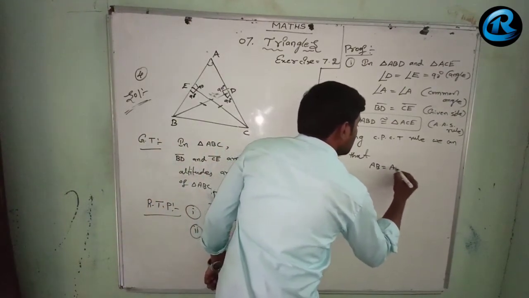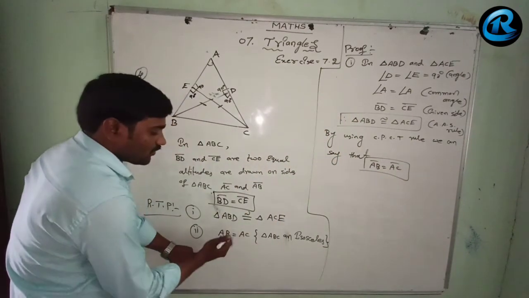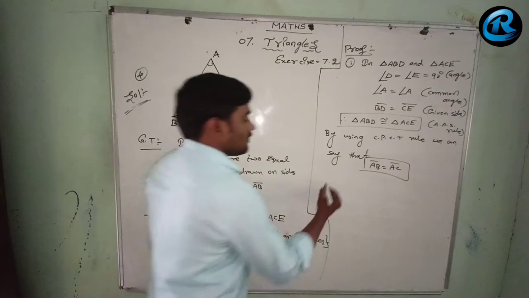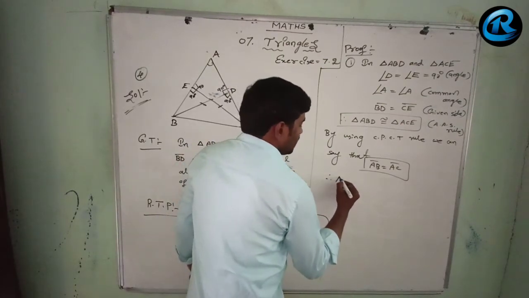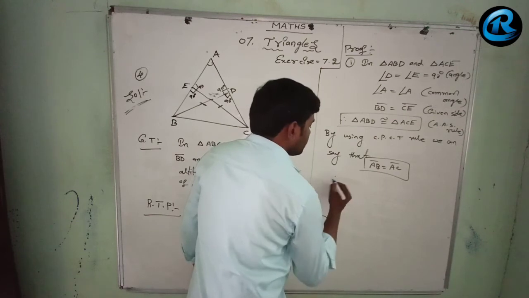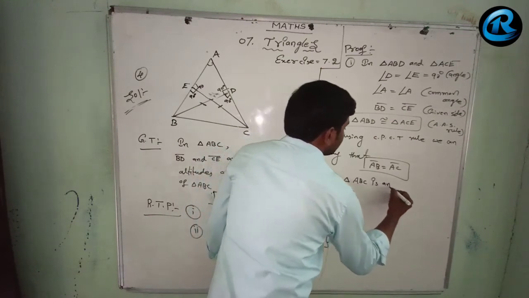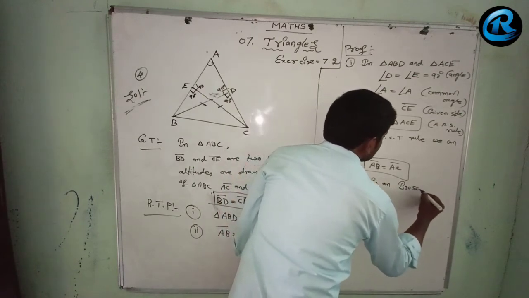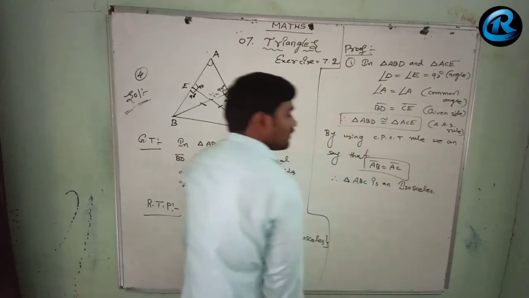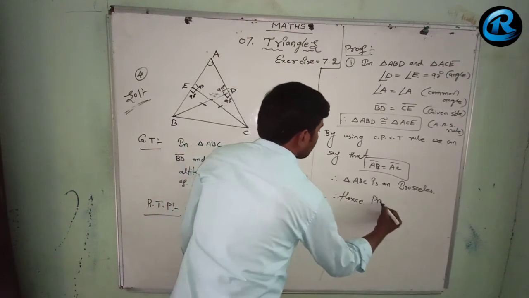AB equal to AC is what we have to prove. Therefore the triangle ABC is isosceles. Hence proved.